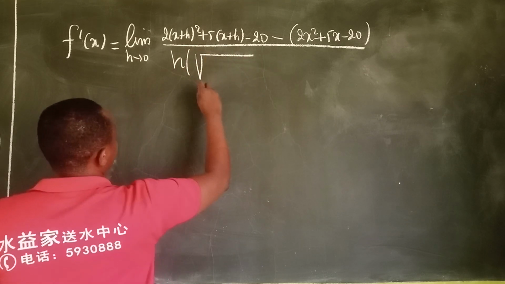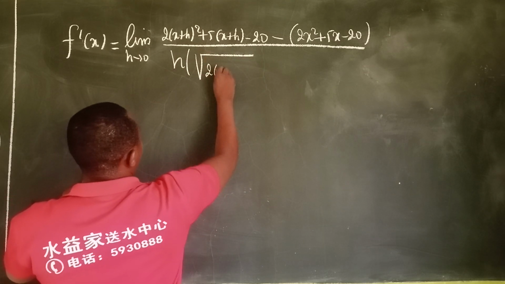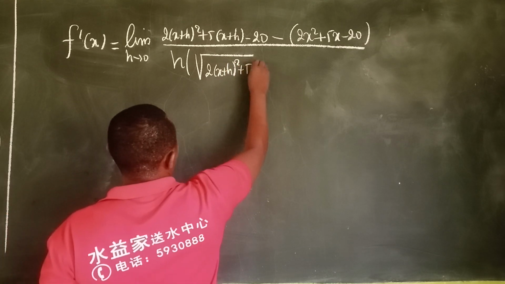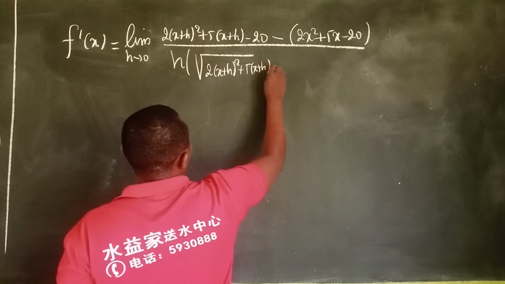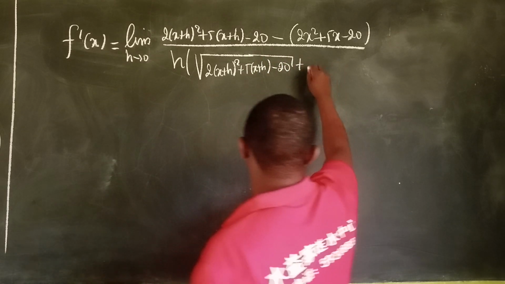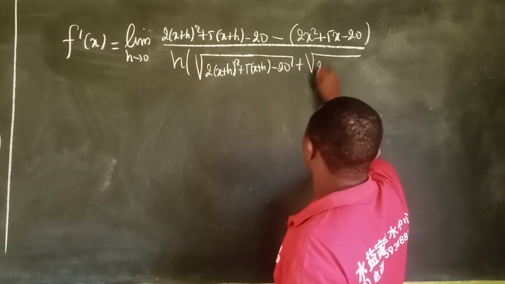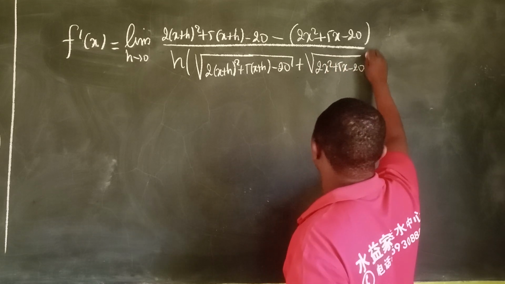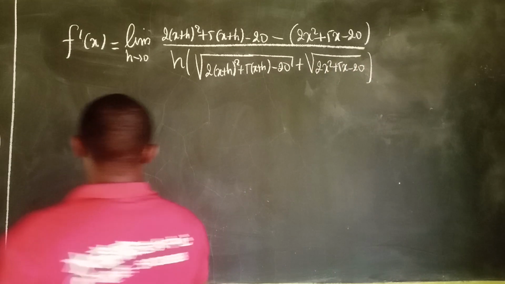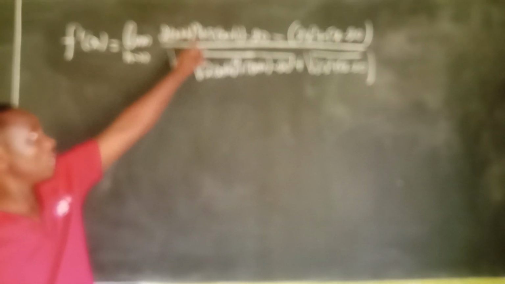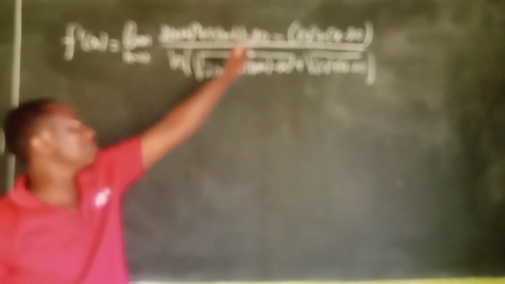of 2 into (x + h)² + 5 into (x + h) − 20 plus the square root of 2x² + 5x − 20. Here, as you see, we are going to expand this and multiply 5 in here.